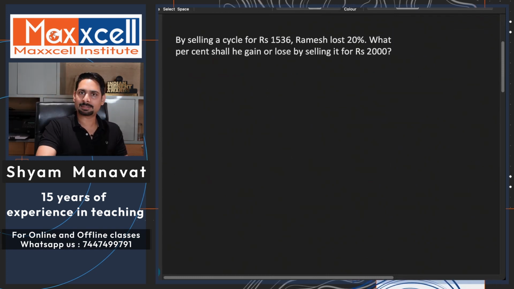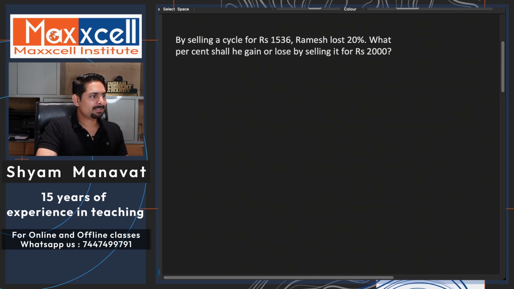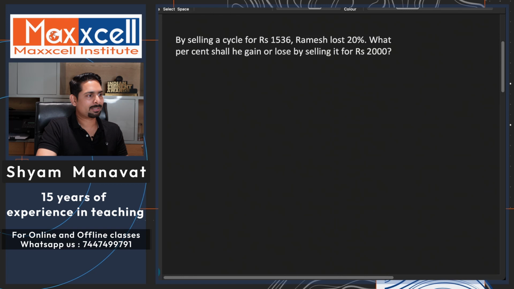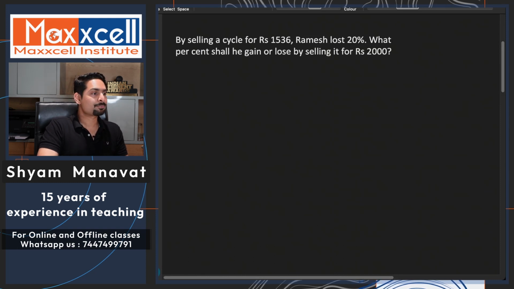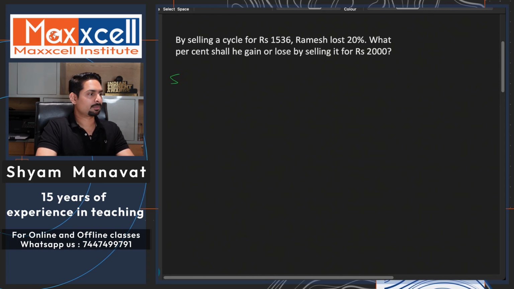Okay, so let's solve the question. Here it says, by selling a cycle for 1536, Ramesh lost 20%. What percent shall he gain or lose in case the selling price is 2000? So what are we going to do? We are going to first find out the cost price.